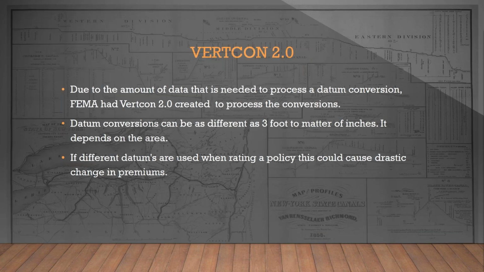Now, to change your datums from NGVD to NAVD, FEMA came up with what is called VertCon 2.0. It is a website that FEMA has created. It does the datum conversions for you from NGVD to NAVD or vice versa.